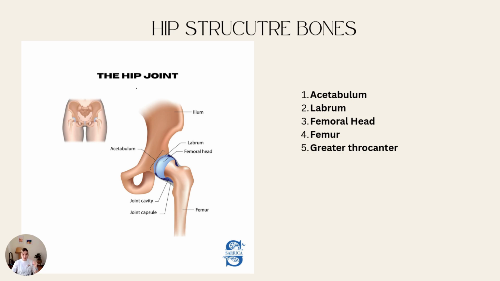However, this angle is different in other people. If it's a little bit more, then the abductor leverage decreases, so the abductors become a little bit weaker, and if it's a little bit less, then the compression of the hip increases and abductor leverage improves.